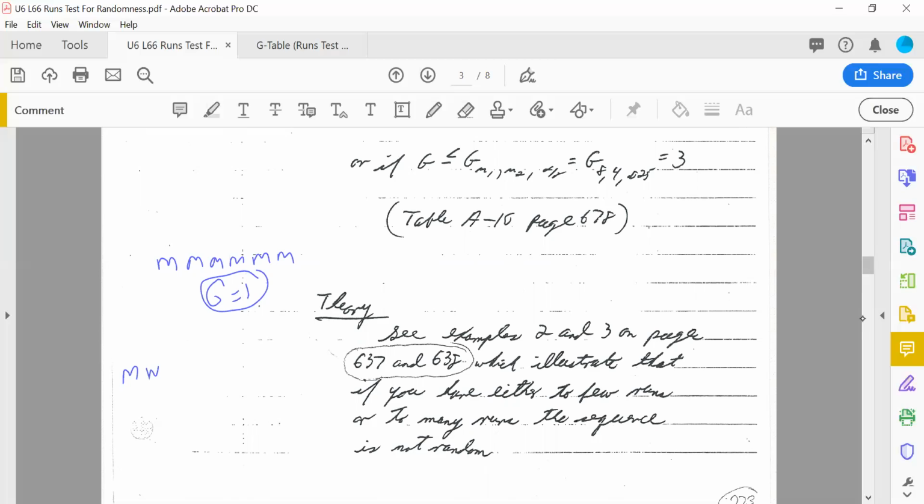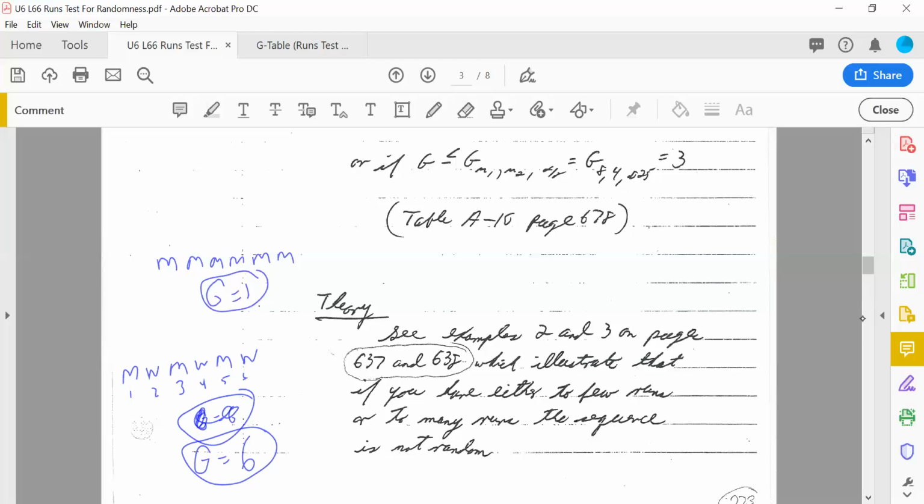Man, woman, man, woman, man, woman. Again, 6 people were hired, and there's 1, 2, 3, 4, 5, 6. G equals 6 here. Oh my gosh, G. That's horrible. I should have done something different. G equals 6. That's a little better.